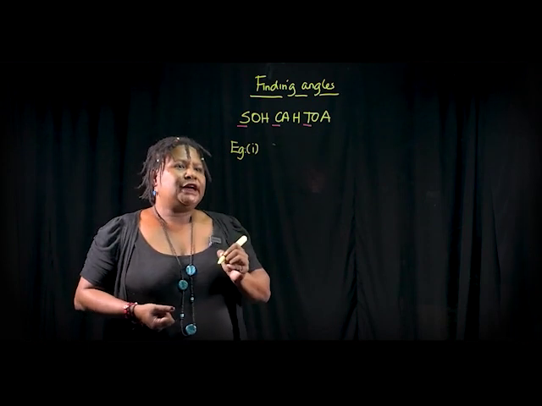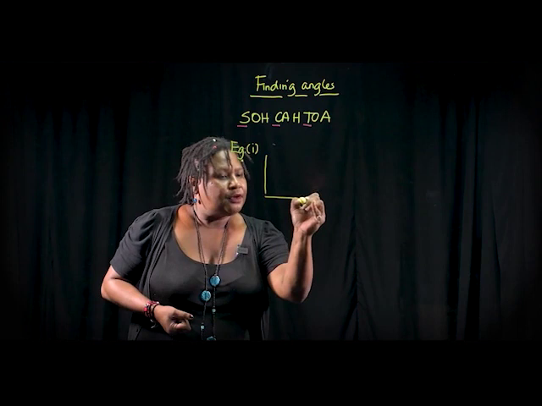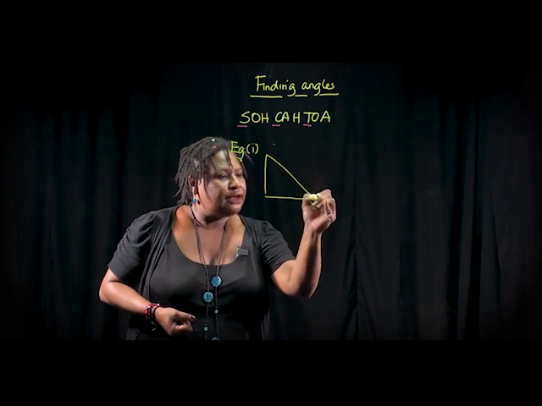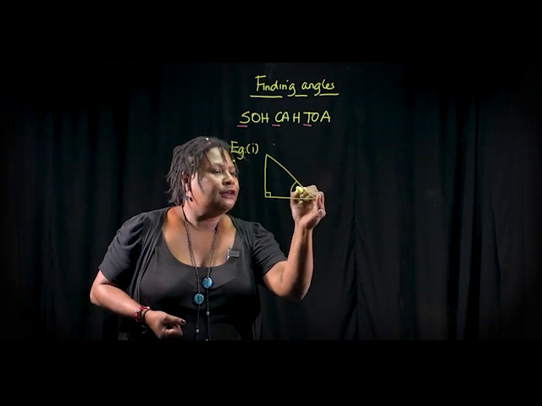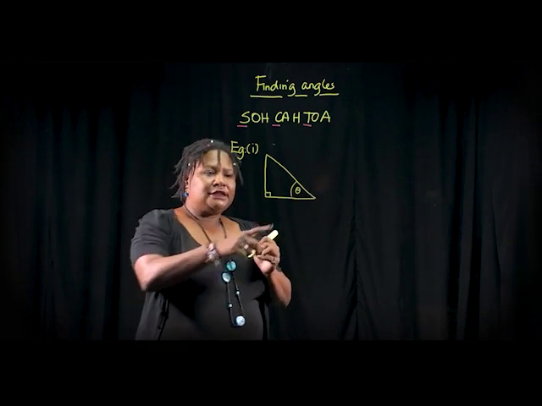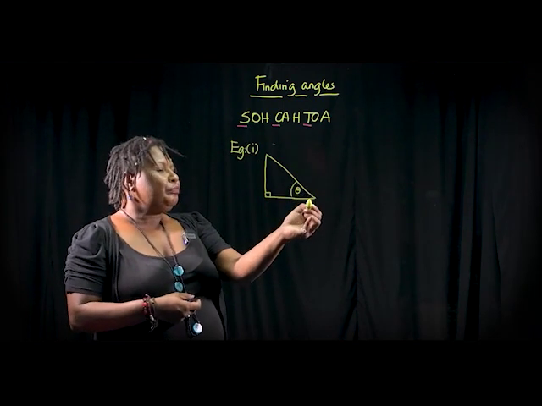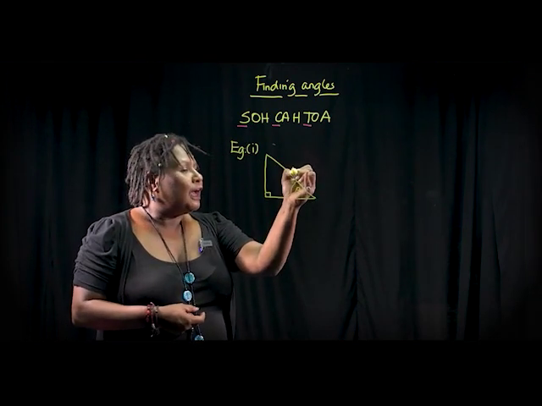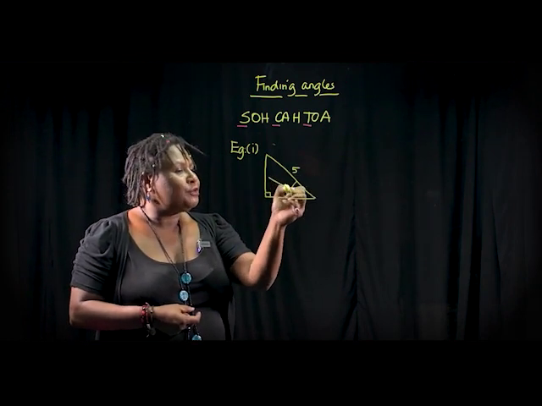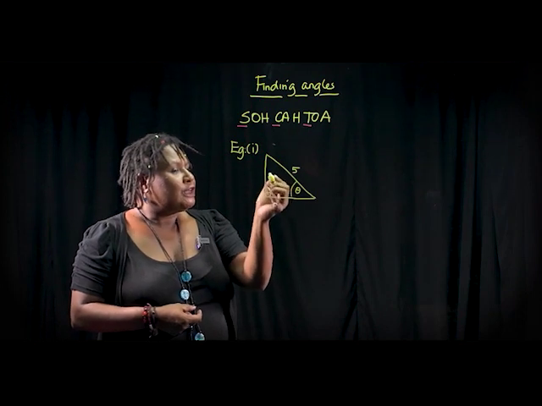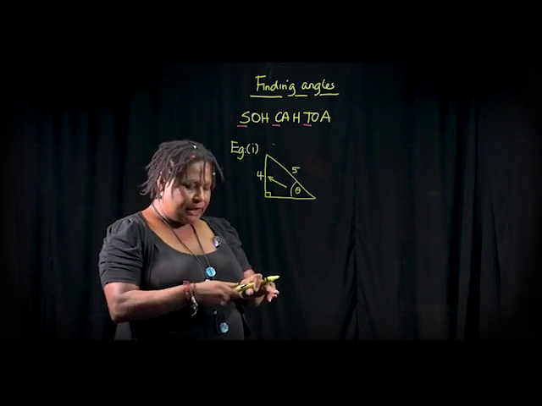Okay? Now, example number 1, for instance, we have a triangle here, all right, with theta in this corner, okay? The hypotenuse will be 5, and the side which is opposite to theta is going to be 4, okay?